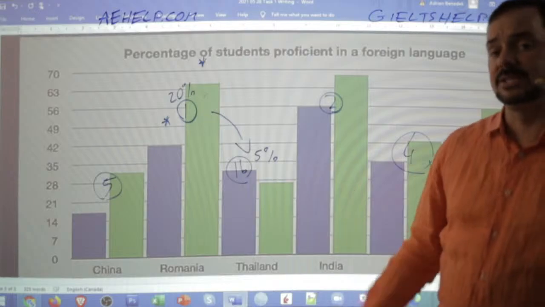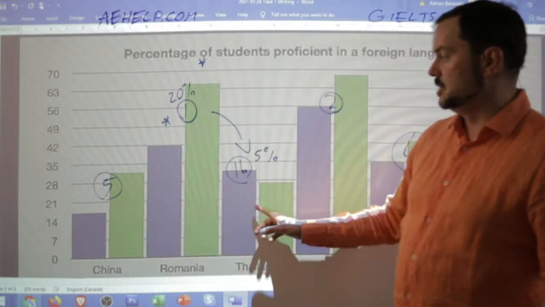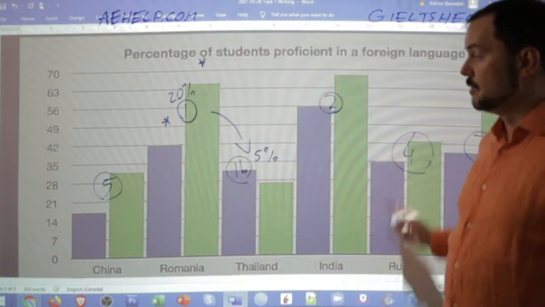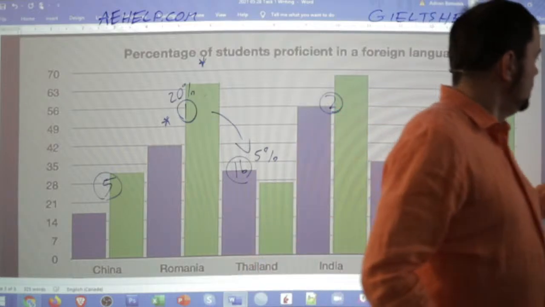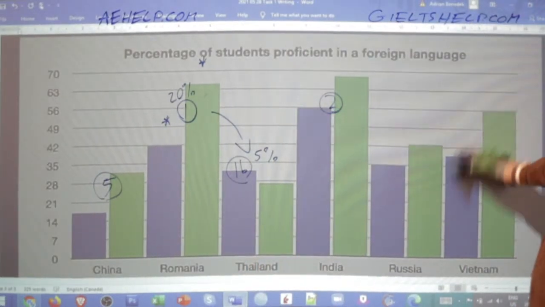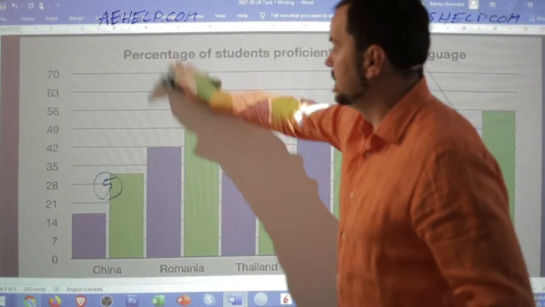If you're doing a presentation in university, it's a good idea to put these next to each other so that you can show this comparison in the overall graph, right? Okay. So let's discuss that now in the essay. Okay, and then we'll go to India and the remaining countries.